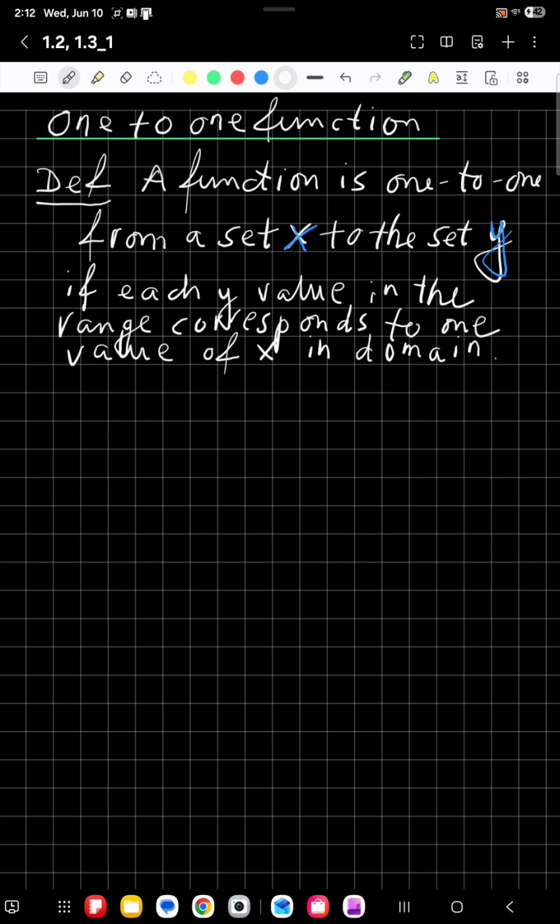Yeah, so let me give you an example of something that's not a one-to-one function.